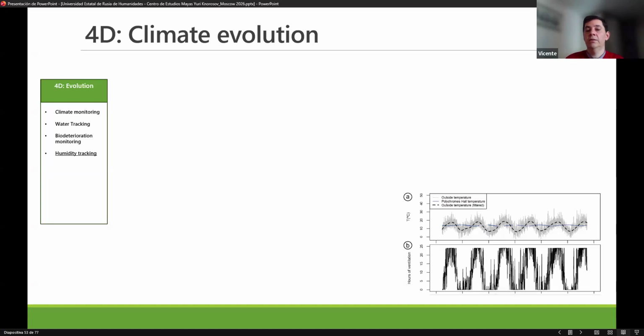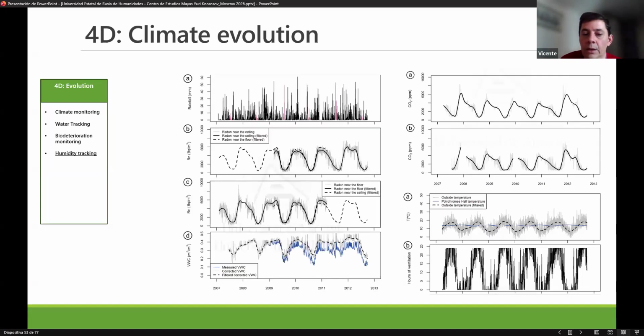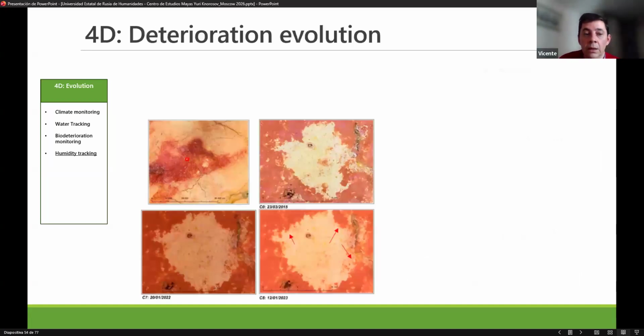The 4th dimension is the evolution of things. So the first thing you have to control is the weather, the climate. You have to control temperatures, CO2, radon, all the parameters. These are just sensors that are in the cave and generate a database. But you have to document all the deterioration processes as well.